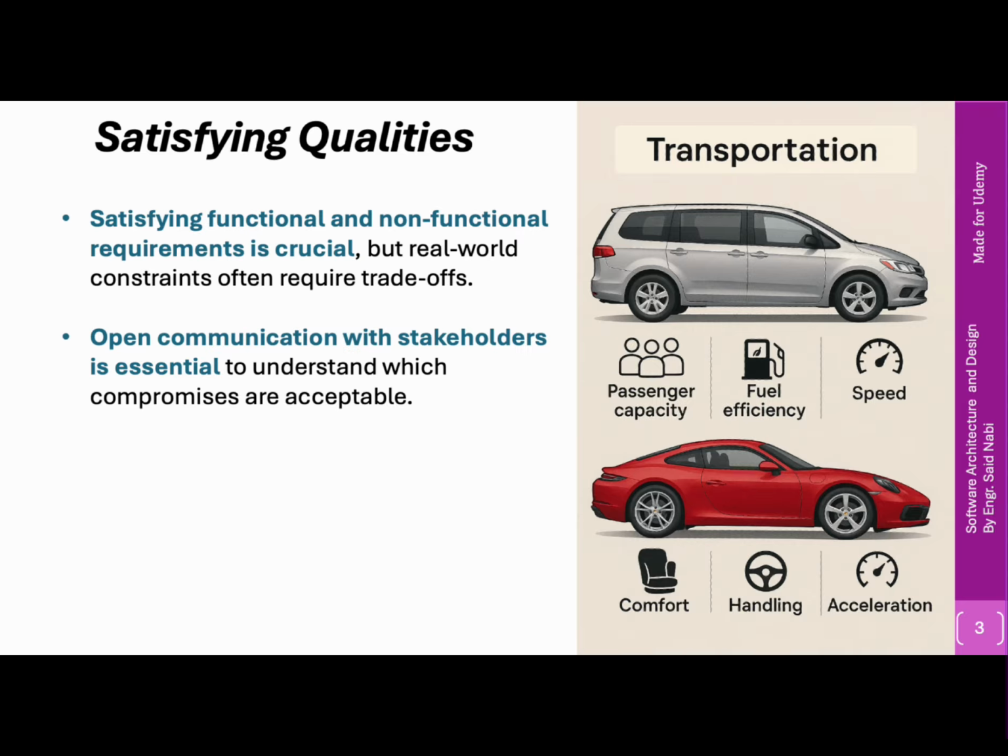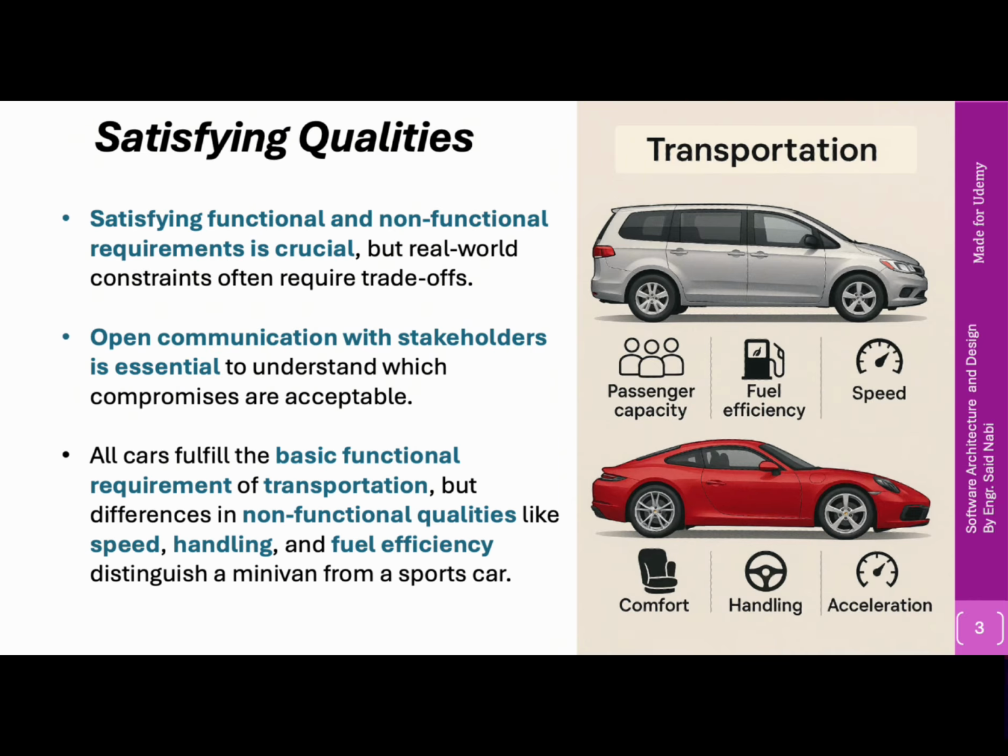You can see two different types of cars, and these cars fulfill the basic functional requirement of transportation, but differences in non-functional requirements like speed, handling, and fuel efficiency distinguish a minivan from a sports car. So the functional requirements are the same for both cars, that is, to provide you with transportation, but the non-functional requirements are different.